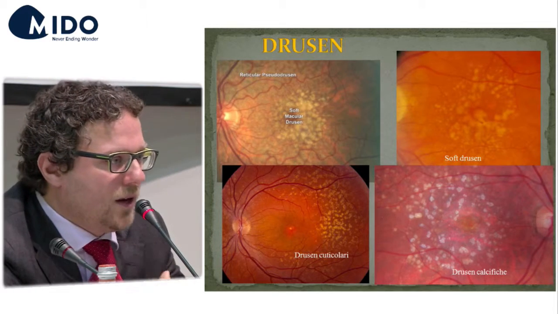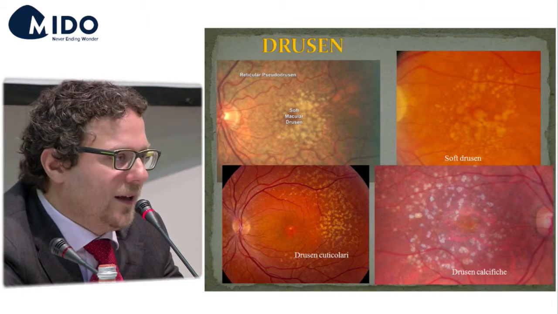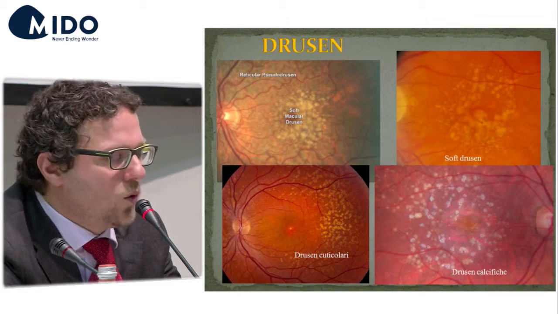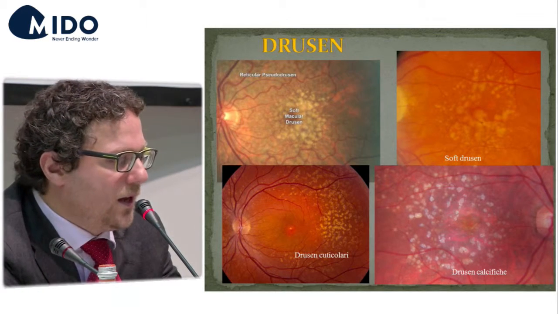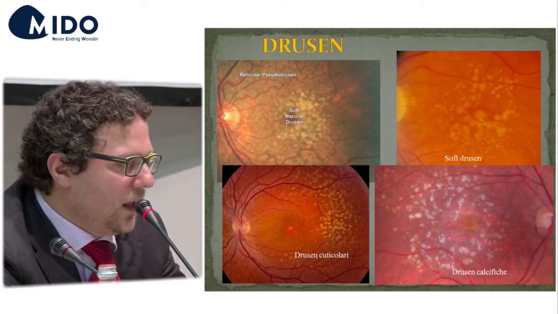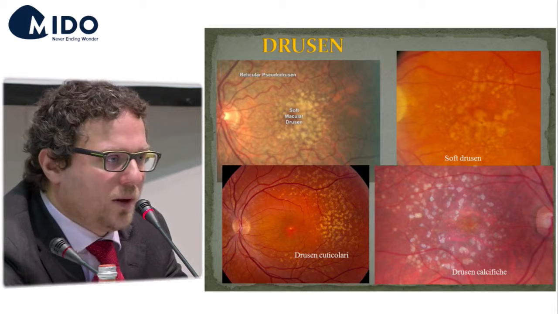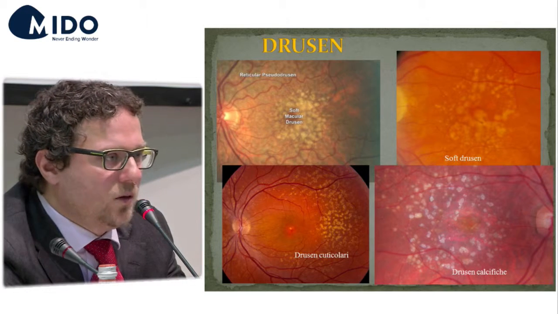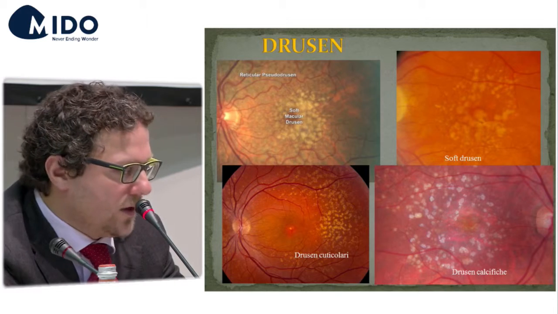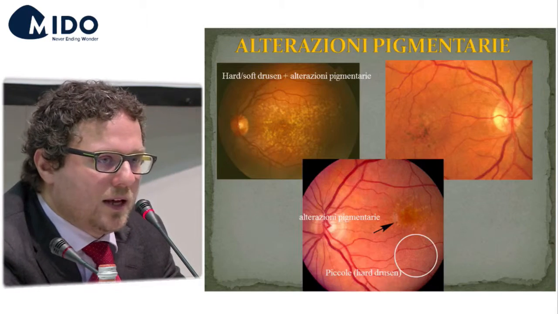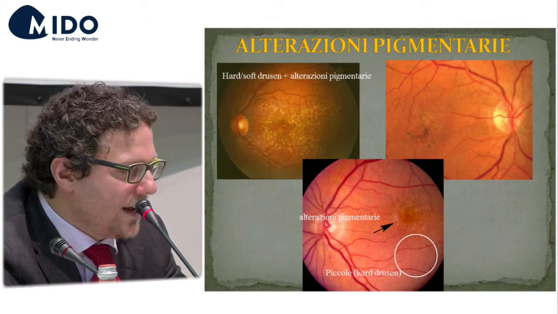Those that are more prone to risk are so-called soft macular drusen. It's accumulation of lipidic material just below the retina, and they seem to be snowflakes. And then you have other types of drusen that are not so prone to evolve to a neovascular condition.